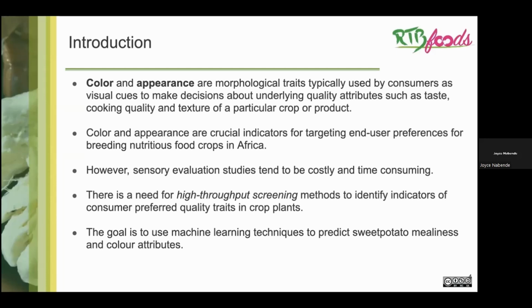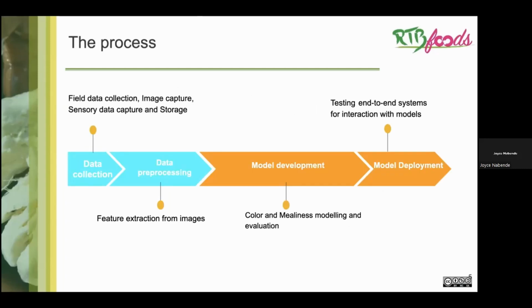So the process that we undertook is first, for any machine learning task, we need data. So we first of all participated in the field data collection, where we have been able to capture data. There's a very good machine, the DIGIEye, that has been procured and is being used in Namulongue for image capture.